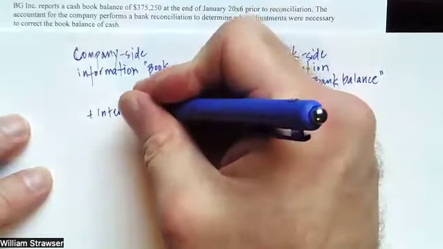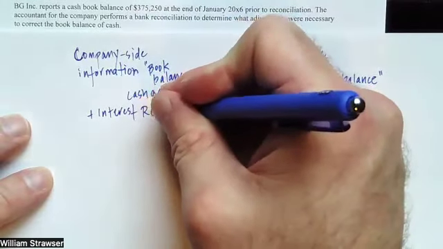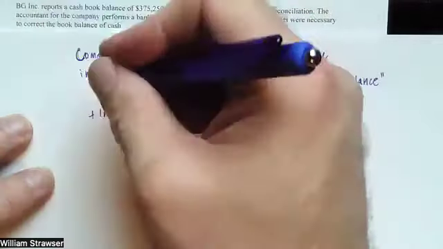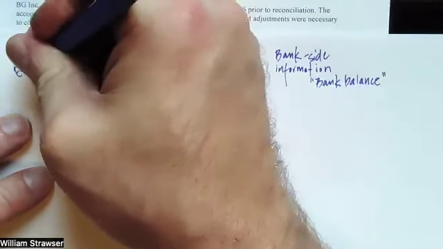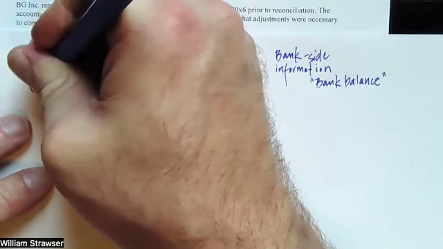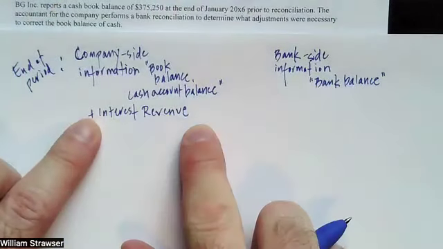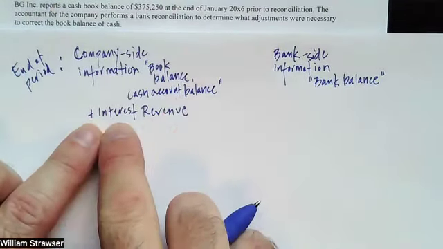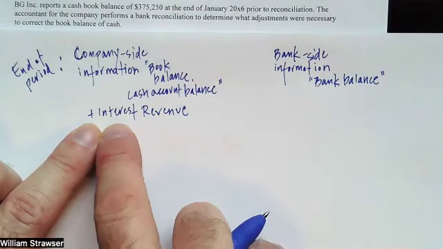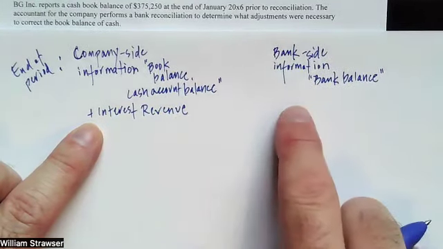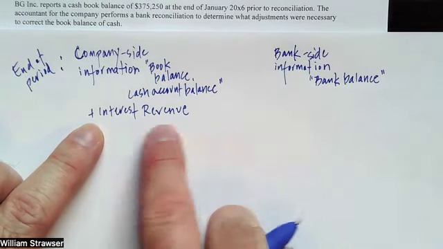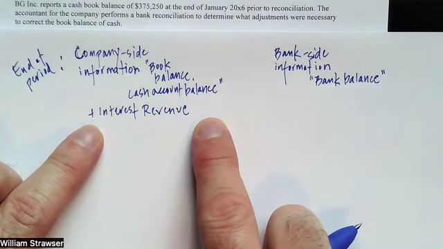We would need to add that to the end balance. This is the end of period for both the bank and the books. We need to add that in to this book balance because it's not there yet. It's something that the company doesn't know until it verifies from its bank account how much interest they've earned, right?